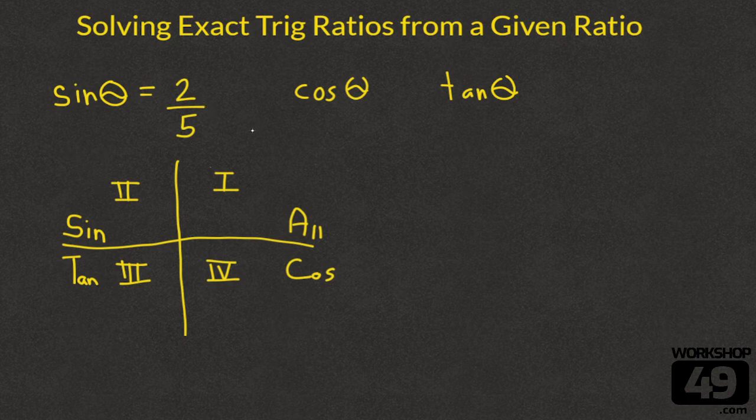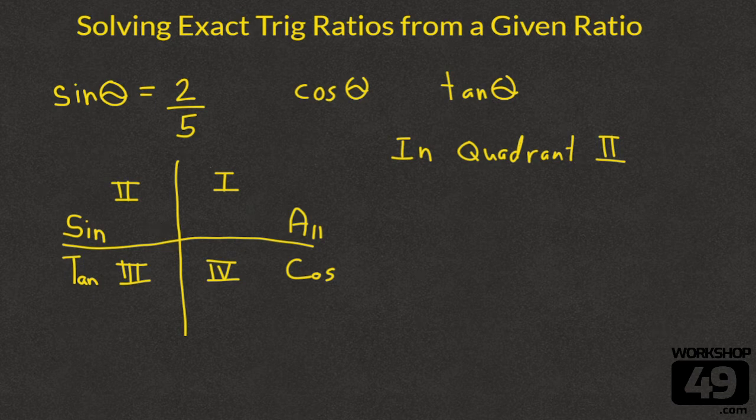So in a question like this, where you're solving an exact trig ratio from a given ratio, the textbook or your instructor must give you a quadrant. In this case, let's say in quadrant 2. That's what we needed to know.